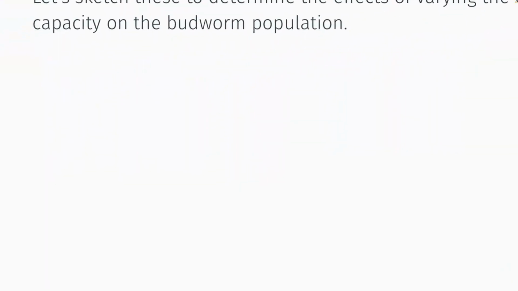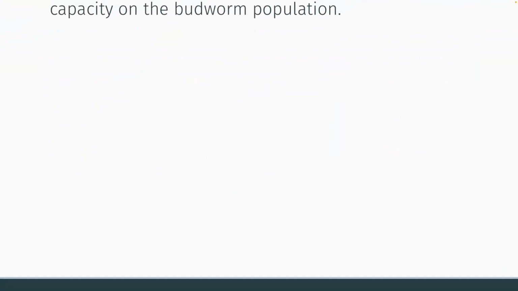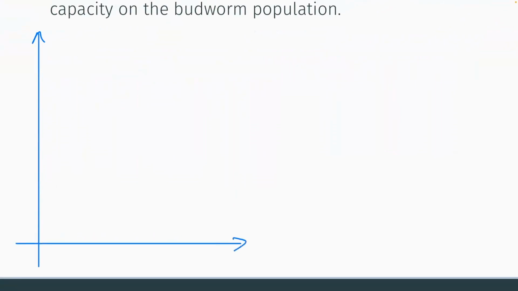Okay, so we're going to do a little bit like we did the other day with the harvesting. We're going to be sketching our growth and predation curves. And these ones are pretty hard to sketch, actually. What we're going to be thinking about is what happens as the carrying capacity of our budworm population increases. That means that our predation curve is going to stay the same.